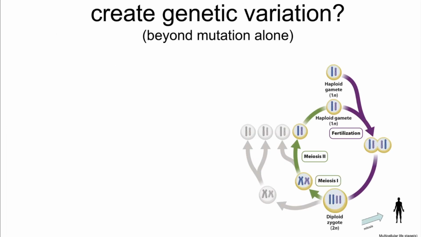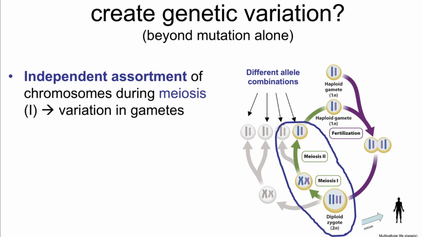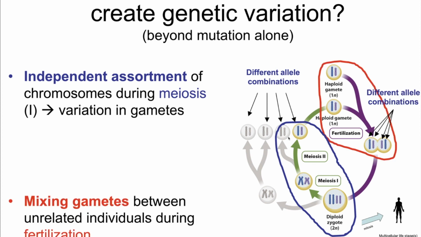So just to summarize how meiosis and fertilization create genetic variation beyond just mutation alone: you've got independent assortment during meiosis, where chromosomes can align independently, resulting in a lot of different combinations of chromosomes and alleles in the gametes that are created. You've got different combinations of alleles that can come together in the diploid zygote from two haploid gametes, which have very different combinations of chromosomes in them.